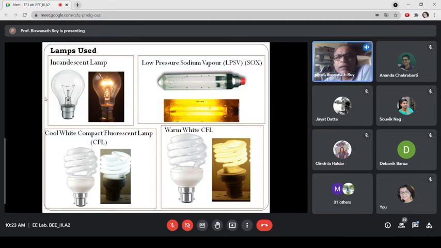On the other hand, in the case of a discharge tube, light is generated by another physical process termed electroluminescence. There it is incandescence; in the case of a discharge lamp, it is luminescence. So luminescence is a physical process where light is generated during conversion of energy from one form to another form.